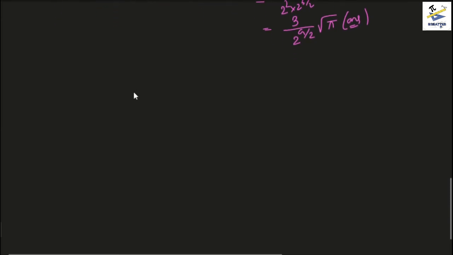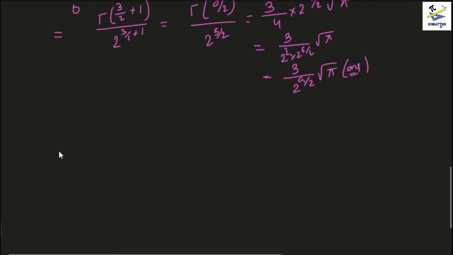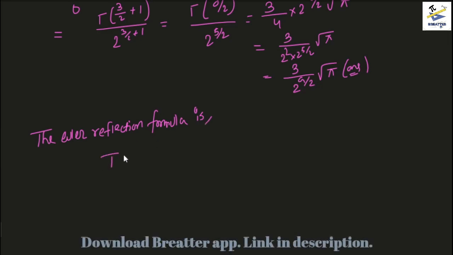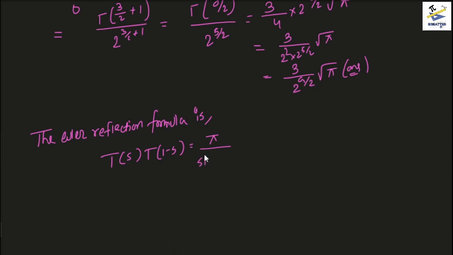And finally, I would just give you a whisker of an idea of how to evaluate or prove the Euler reflection formula. So the formula was valid for 0 less than s less than 1.